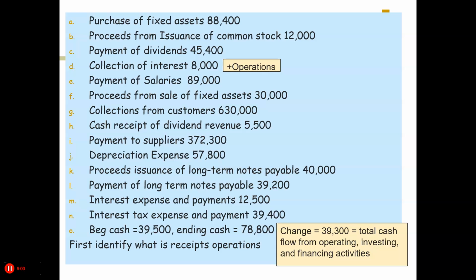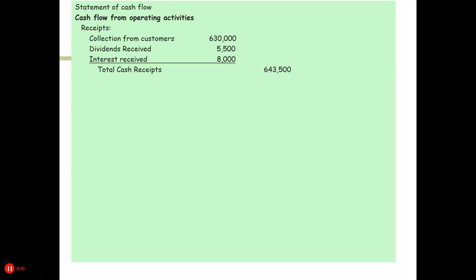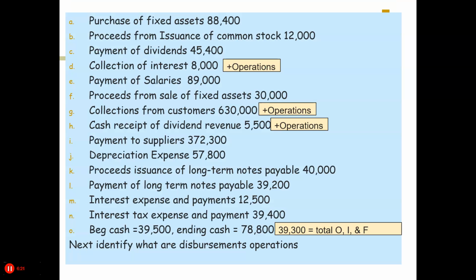So the first thing we would look at as receipts would be our collection of interest, our collection from customers, and our cash receipt of dividend revenue. So that would be our receipts for cash flow from operations. Now we're going to look at what disbursements we had for operations.